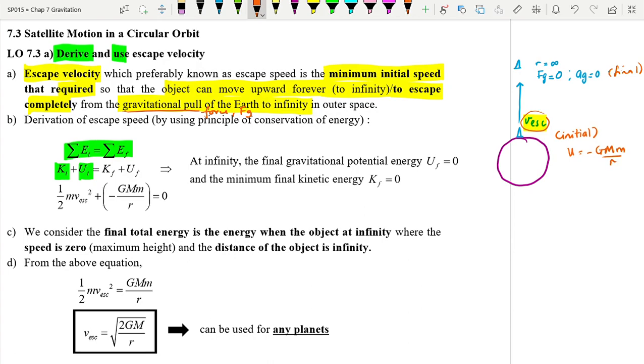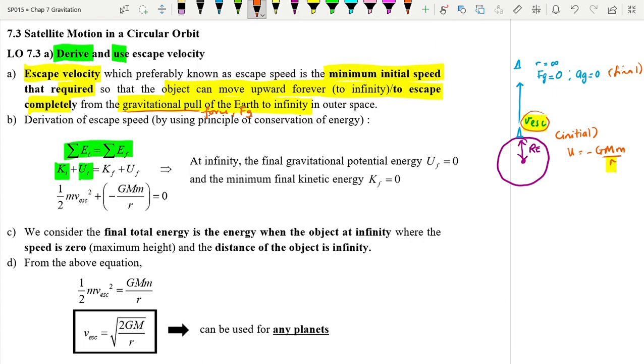So your r here mesti jarak daripada center of the planet, of any planet. Contohnya ini adalah Earth. So maksudnya kat sini ada jarak daripada surface kepada center. Kalau planet ini adalah Earth, so ini adalah radius of Earth. Jadi ada r, that means akan ada gravitational potential energy.